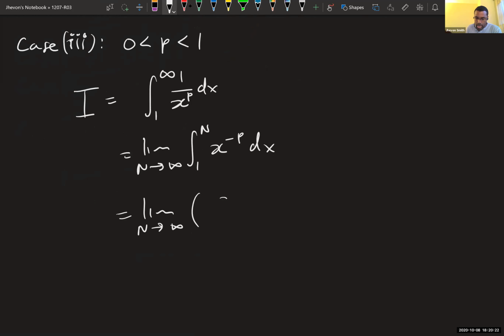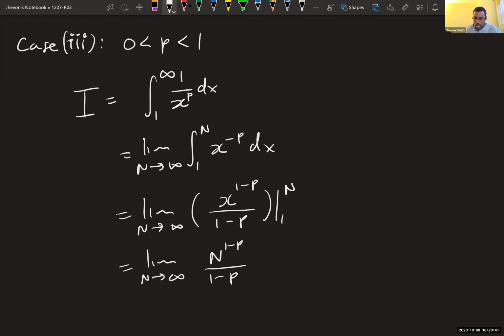So this is going to be x to the minus p plus 1 over minus p plus 1. And I can plug in n, and subtract when I plug in 1.